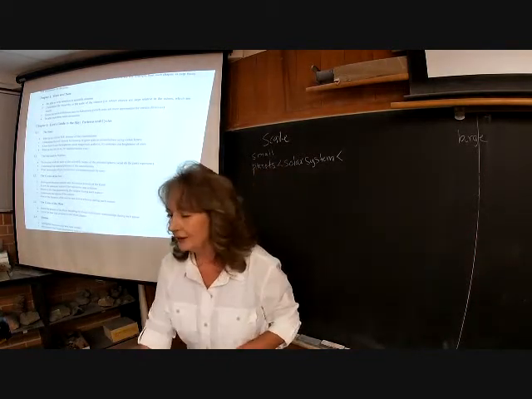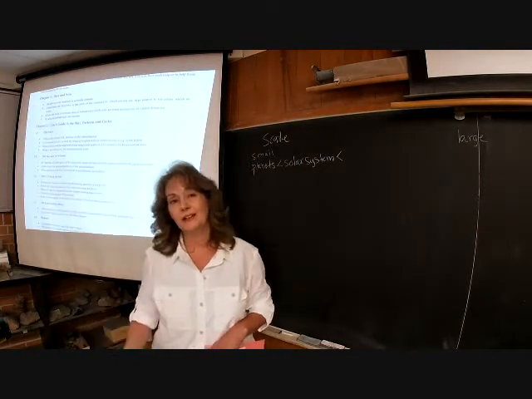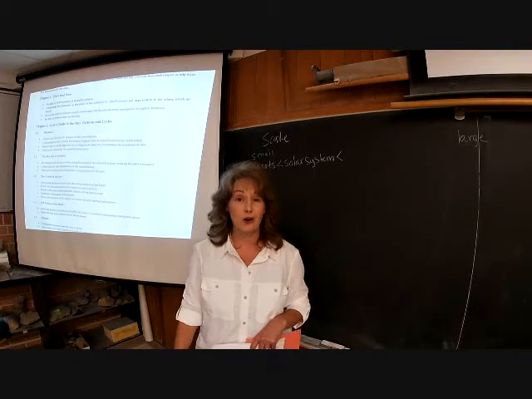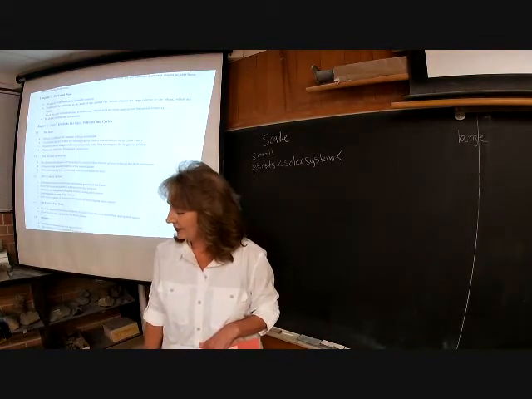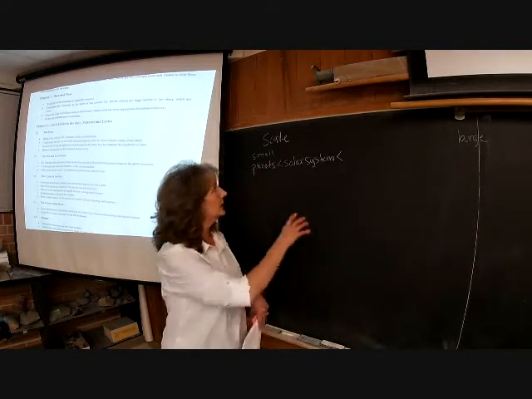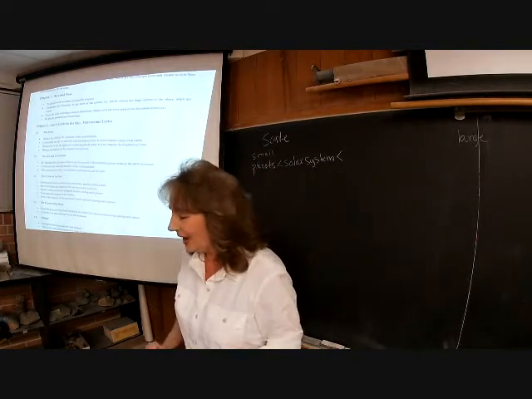Up towards the top here, we want to be able to write numbers in scientific notation. That's our first bullet. Second bullet, understand the hierarchy to the scale of the cosmos, so which things are small, which things are large. We haven't quite got through our list yet, but we're getting there.